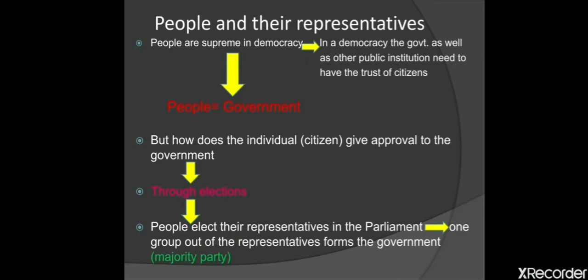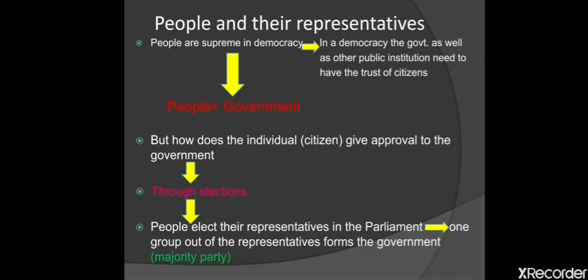And in a democracy, the government as well as other public institutions need to have the trust of citizens. Very important. Just see the example: if any government is there and they are working properly, and the results can be seen by the citizens of the country, that means they are gaining the trust of citizens, and citizens would be happy to choose them again.